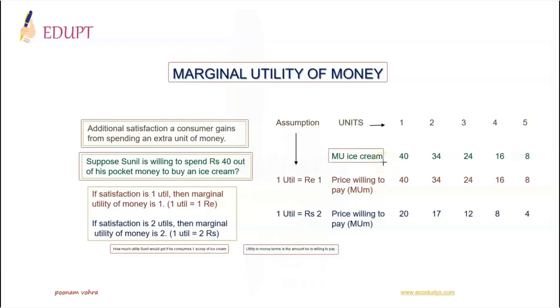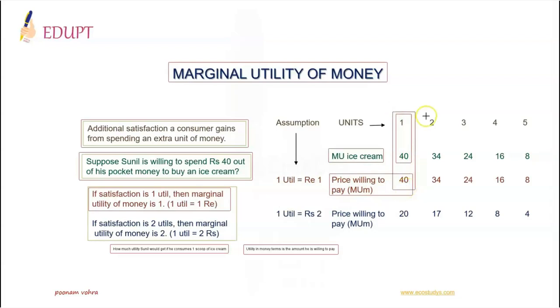If marginal utility of consuming 1 scoop of ice cream is 40 utils, with the assumption that 1 util is equal to 1 rupee, then it means Sunil is willing to pay rupees 40 for 1 scoop of ice cream.